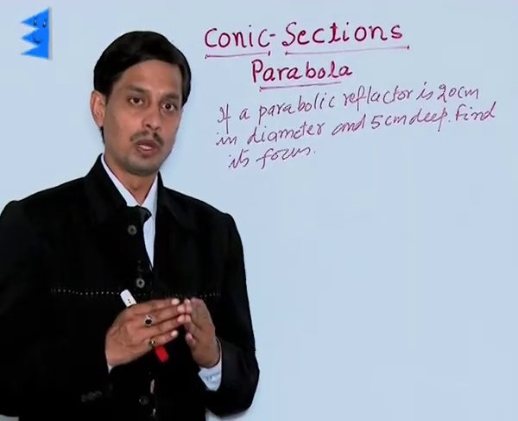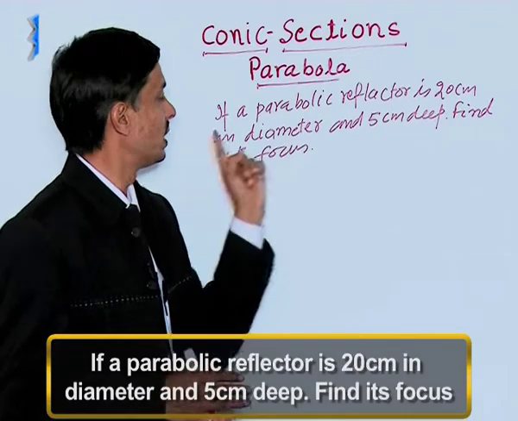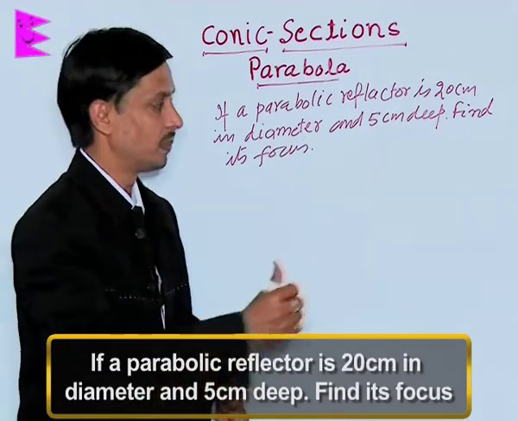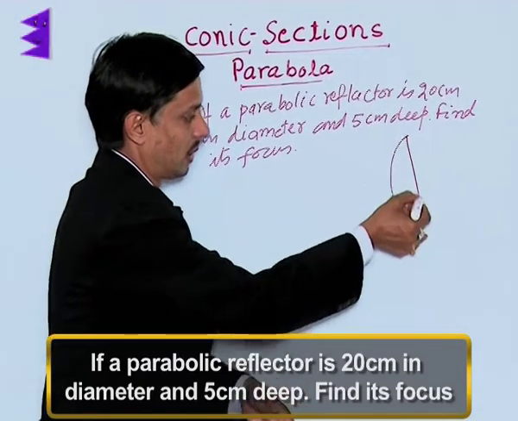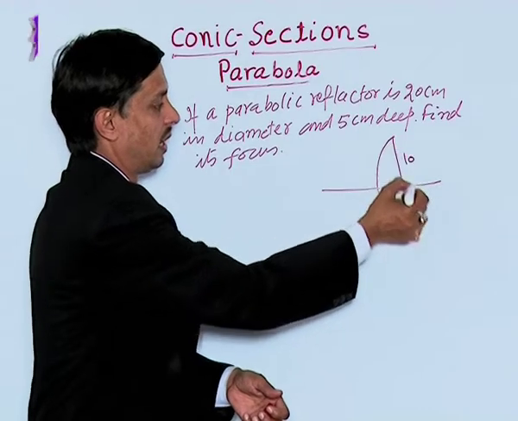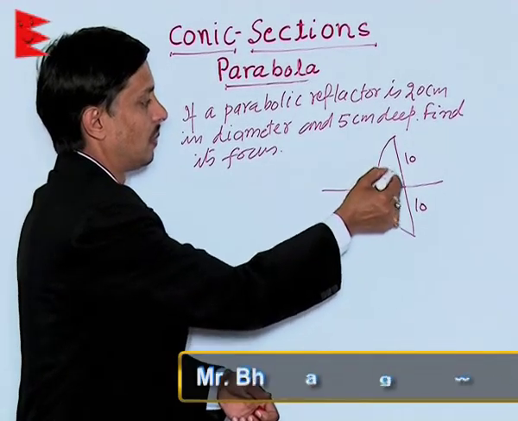Now one more problem. If a parabolic reflector is 20 centimeter in diameter and 5 centimeter deep, the shape will be like this. If it is a parabolic reflector, its diameter is 20, that means 10 and 10, and its depth is given by 5.